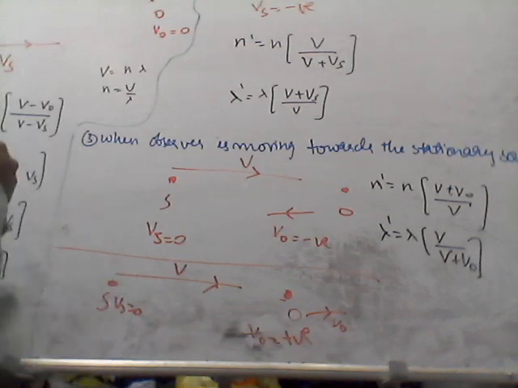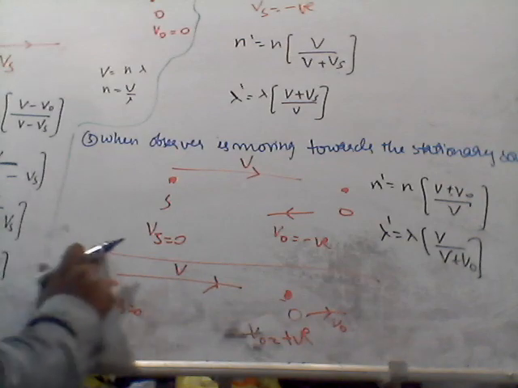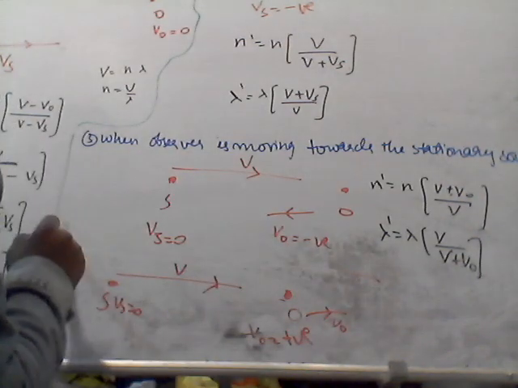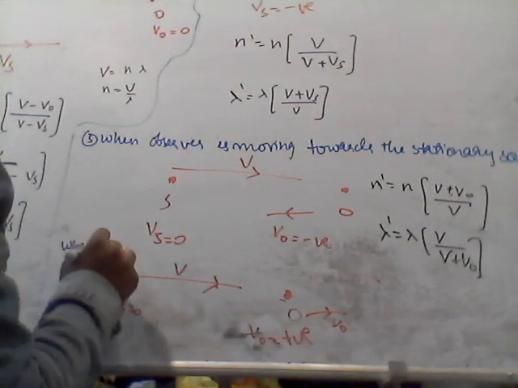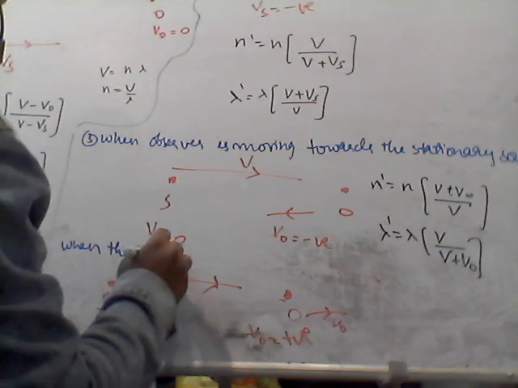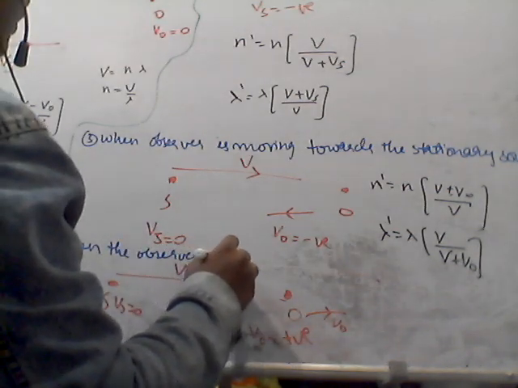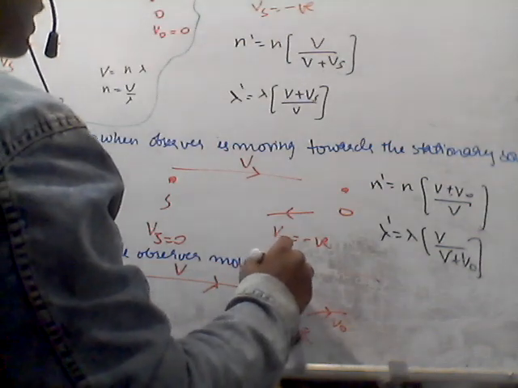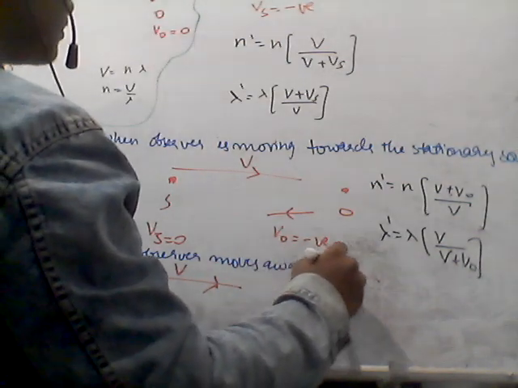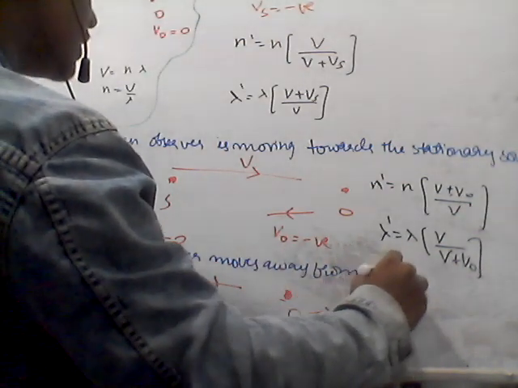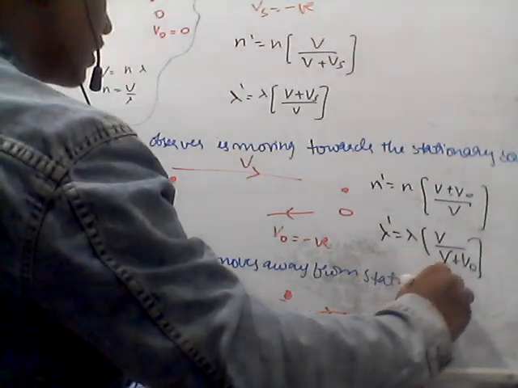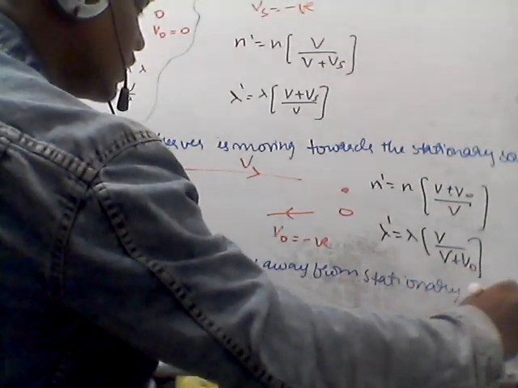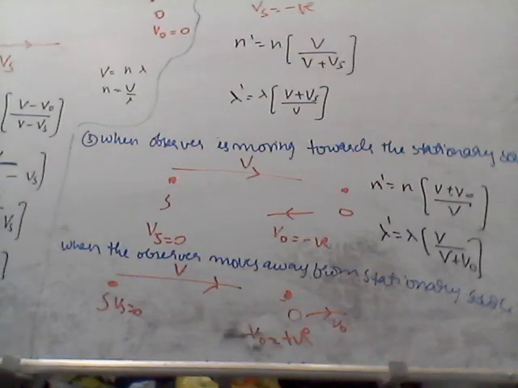Can I say this? So better let me write it. This is when the observer moves away from the stationary source. Clear? That's the case that they have given for us.